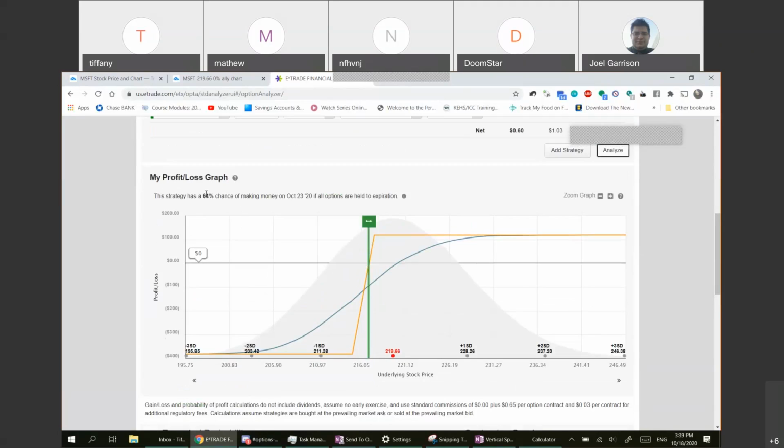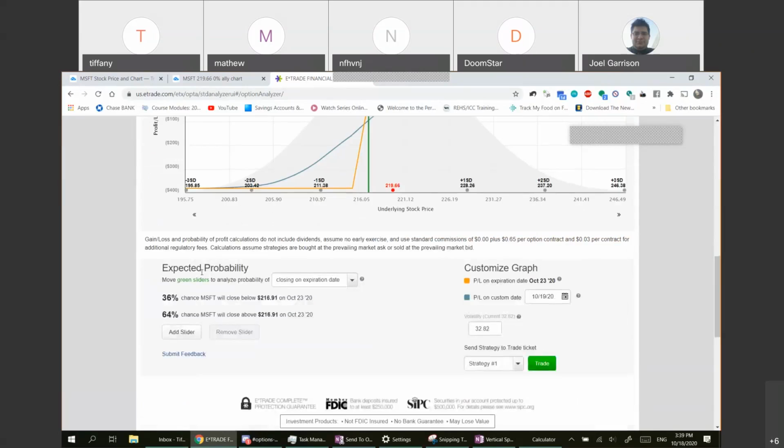So this strategy says it has a 64% chance of making money by October 23rd. And if you look at the probability, it says right here, 36% chance Microsoft will close below 216 by October 23rd, and a 64% chance of Microsoft closing above. So we want this to close above, basically, because that's how we're going to make money.